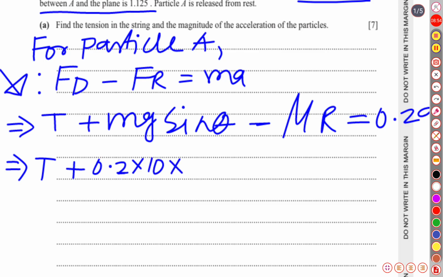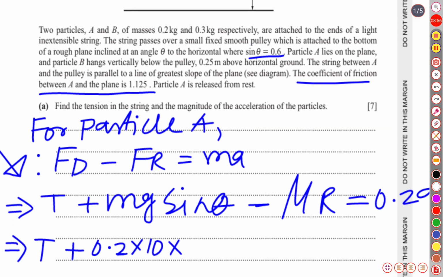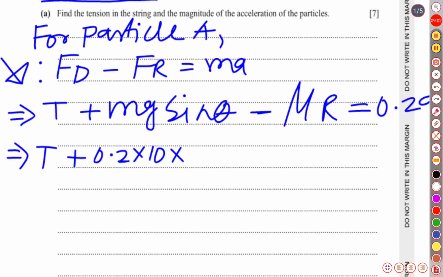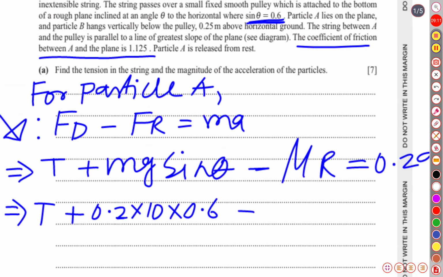Sine theta is given as 0.6. Already we have seen that sine theta is equal to 0.6. So it is going to be 0.6 minus mu, the frictional coefficient, which has been given as 1.125.